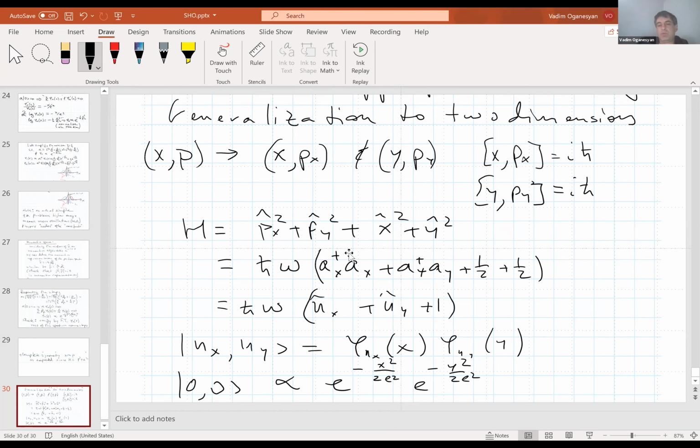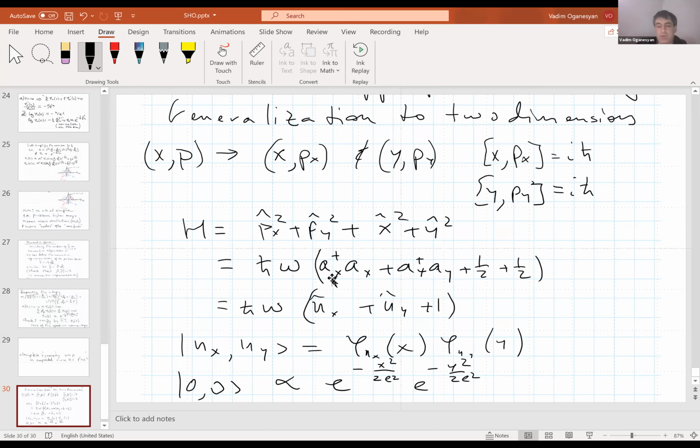Then the Hamiltonian would be written as a sum of p's and a sum of x's squared, obviously, and so on and so forth. You can rewrite it as a sum of a dagger a's, but now each polarization, as it's called, x and y, will have its own set of creation and annihilation operators. The wave functions can be written like this, and so on and so forth.